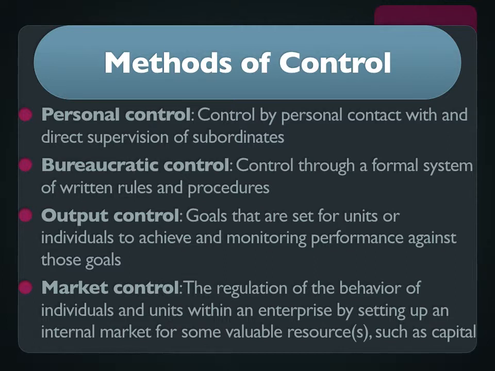And while perhaps not a business example, but an organizational example, this model of market control is often used in public education settings. Schools that meet certain goals of student testing scores are allocated more resources. Schools that don't achieve those goals, those resources are cut.